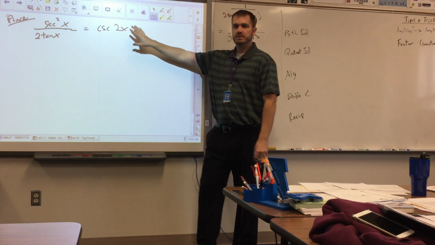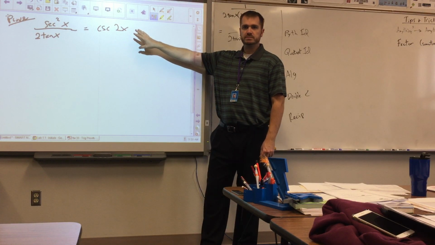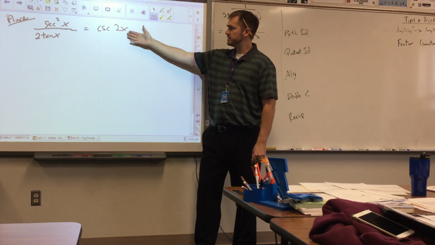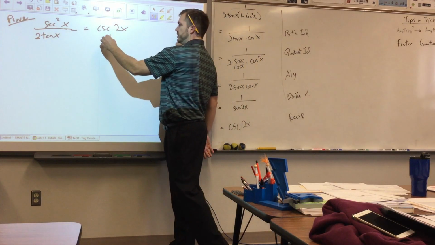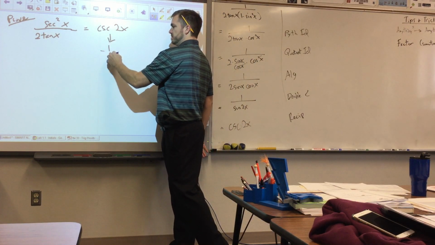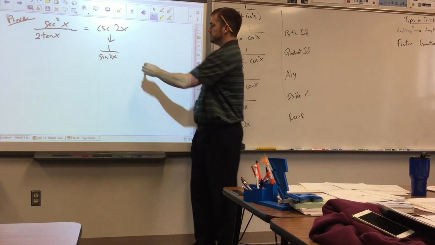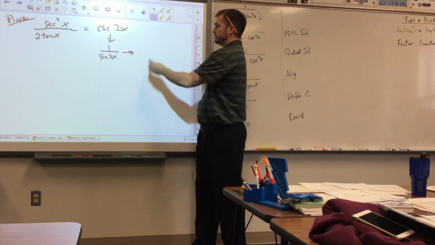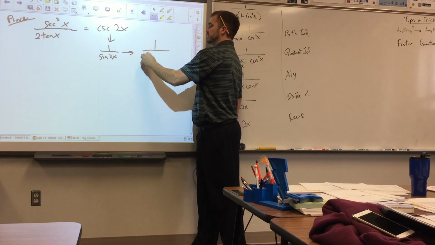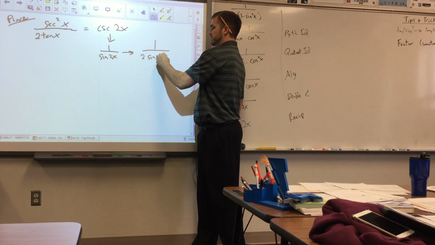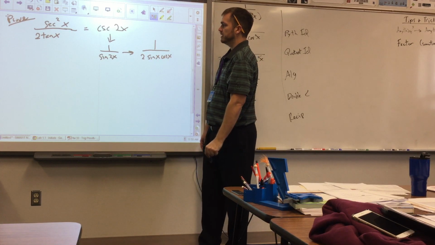What do you notice about this one in similarity to the last one? We still have this cosecant 2x, right? We know that that one is 1 over sine of 2x, which we just saw a minute ago is equal to 1 over 2 sine x cosine x.